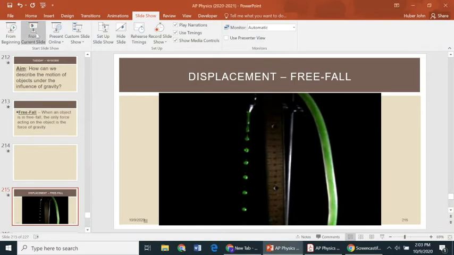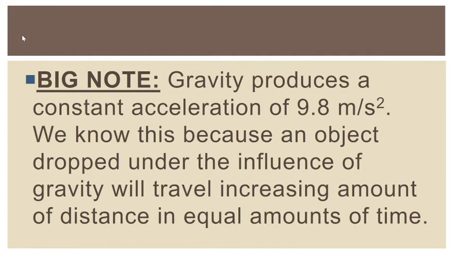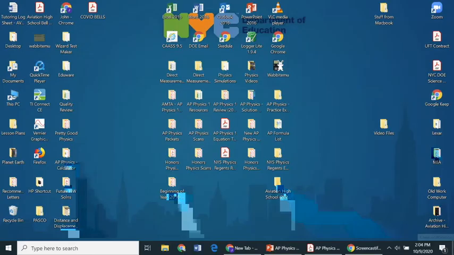So, big note here. Gravity produces a constant acceleration of 9.8 meters per second squared. What? 9.8? I'm sure some of you are thinking that. There's a very specific reason why I'm using 9.8.